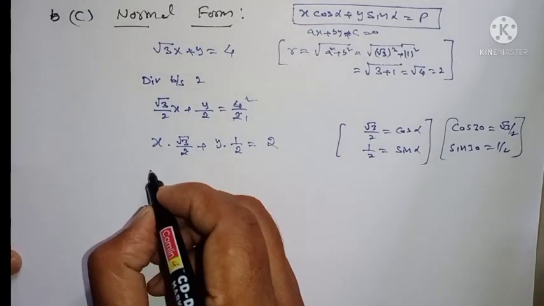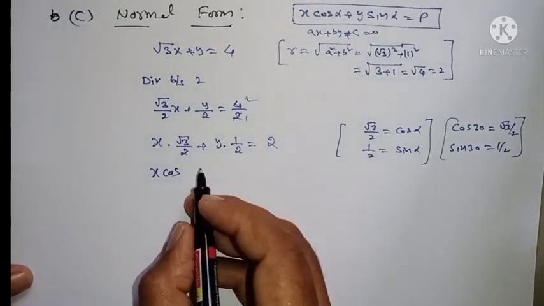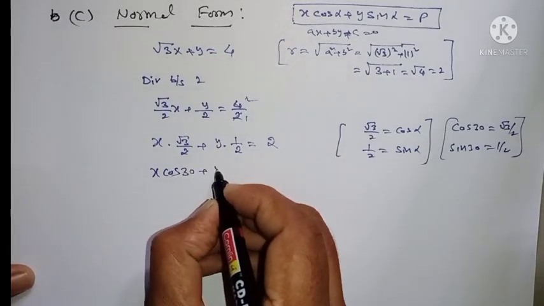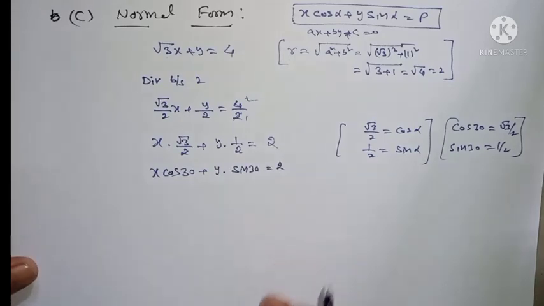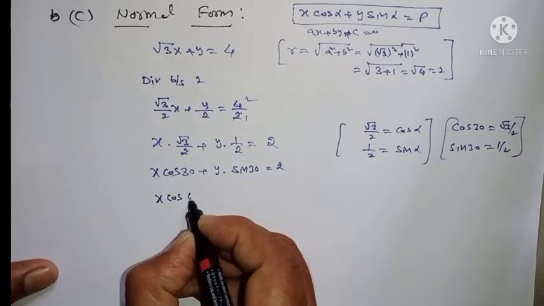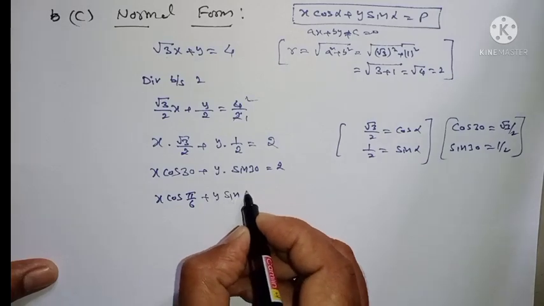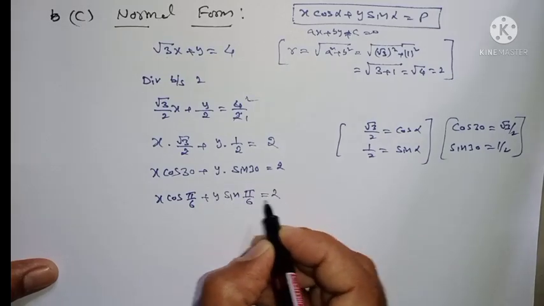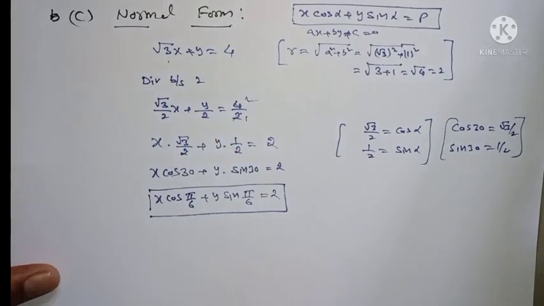Therefore I can write here x cos of root 3 by 2 is nothing but pi by 6 or 30 degrees, and y sin 30 degrees is equal to 2. You can write alpha in radians. Therefore I can write here x cos of pi by 6 plus y sin of pi by 6 is equal to 2. This is our given equation in the normal form.